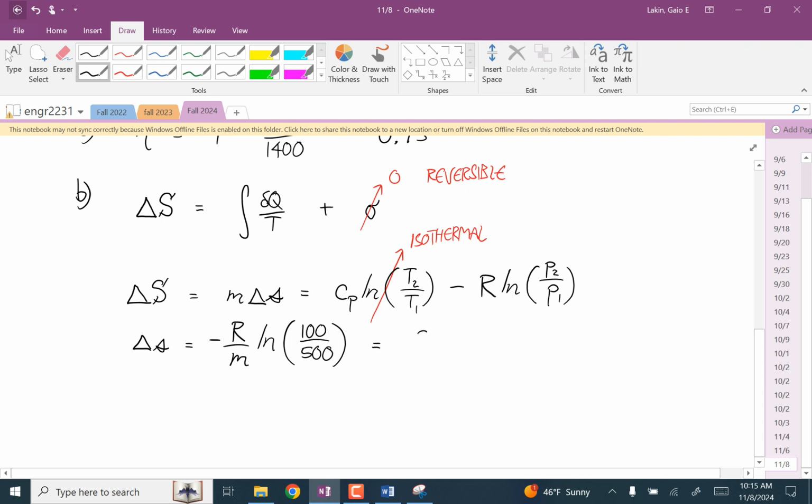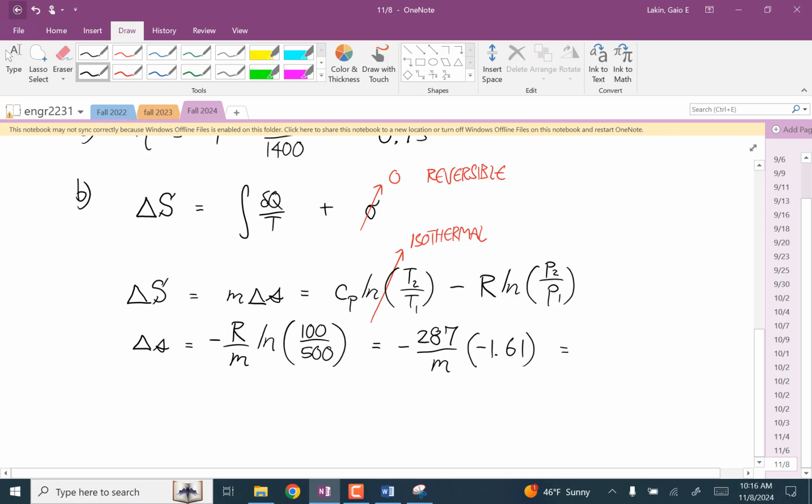R we've been using as 287. We still don't know the mass. The natural log of 0.2 is negative 1.61.